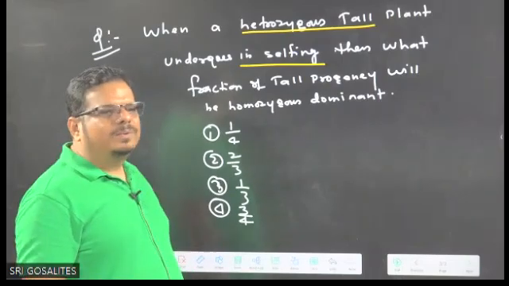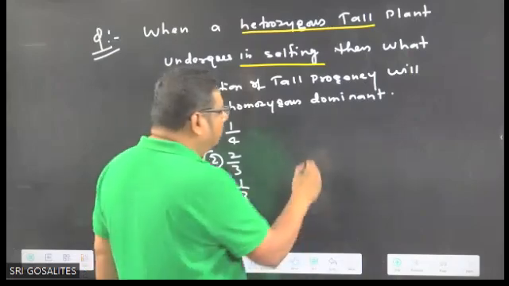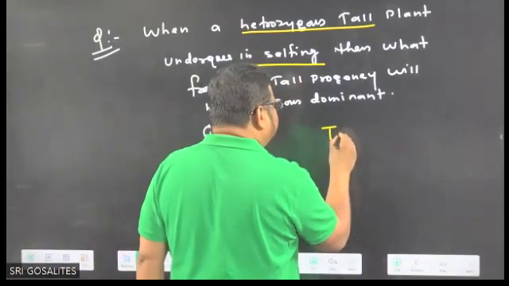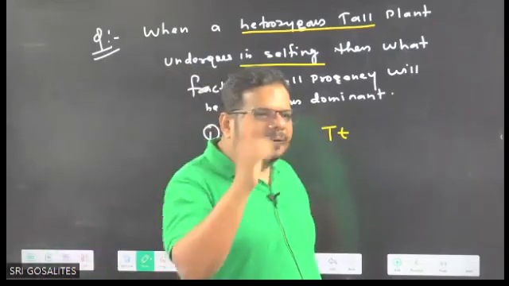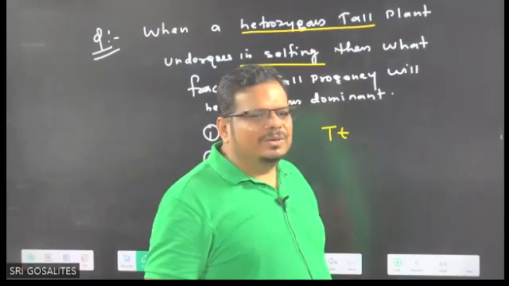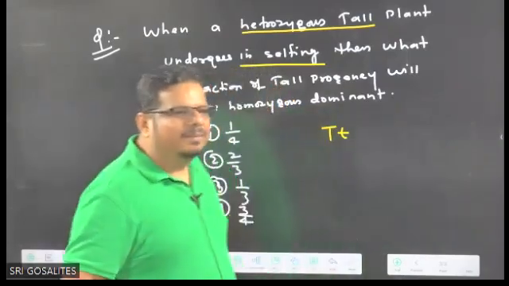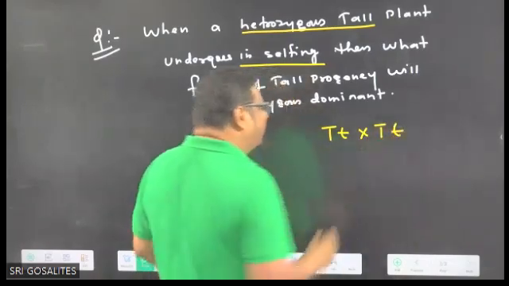Heterozygous tall, how do we write it? Capital T, small t. Selfing means reproduction with the same genotype. So capital T cross with small t, it will happen or not?